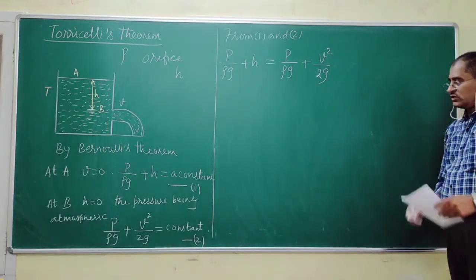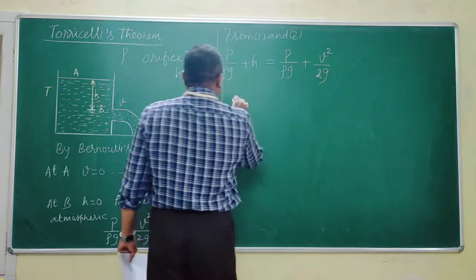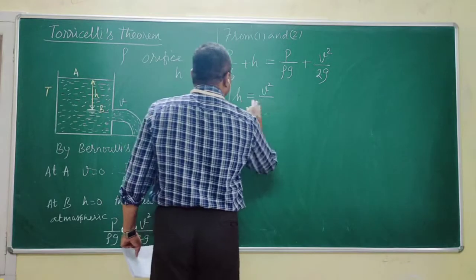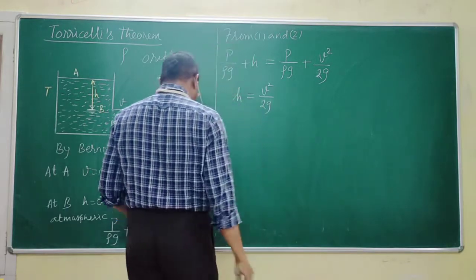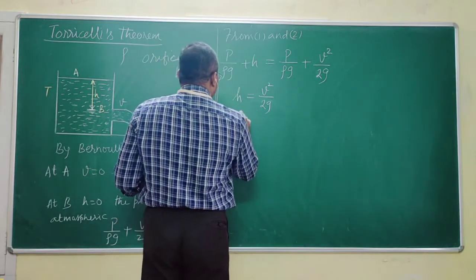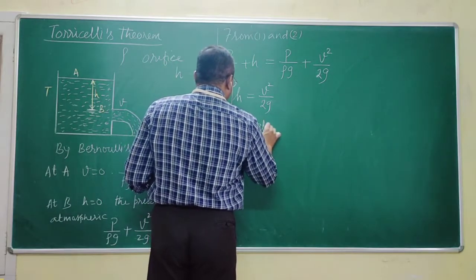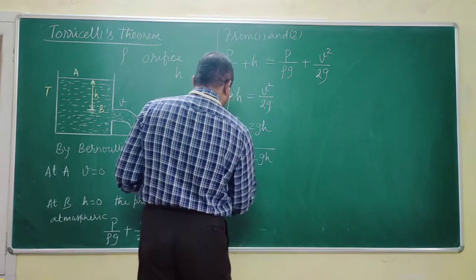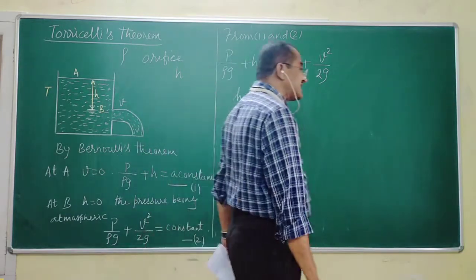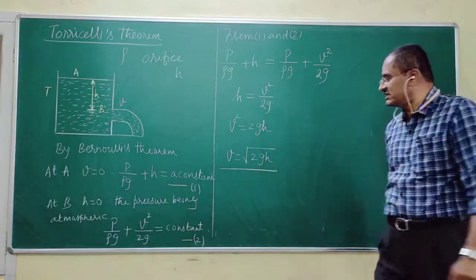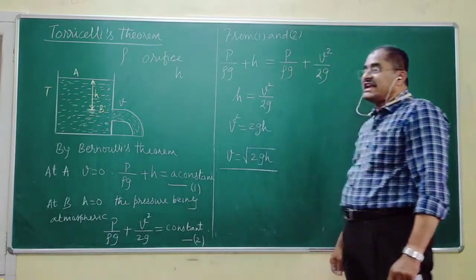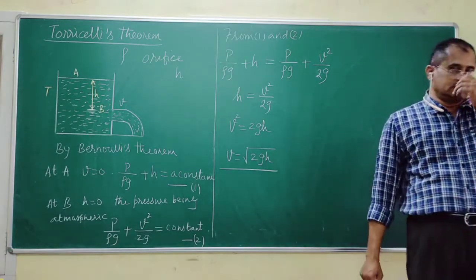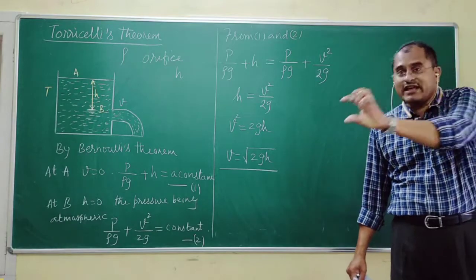P by rho g will go off to give me h is equal to v squared by 2g, or v squared is equal to 2gh, or v is equal to under root of 2gh. This equation gives you the velocity of the liquid through the orifice at B.